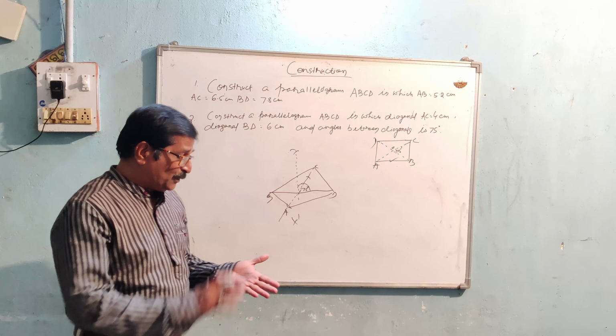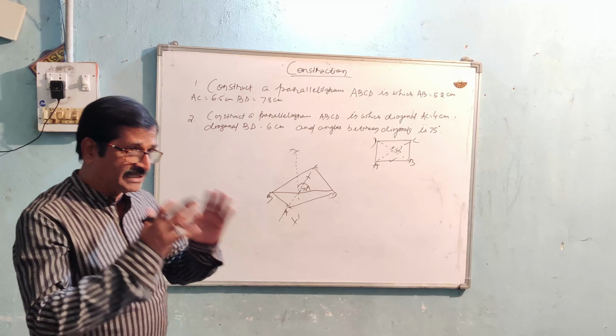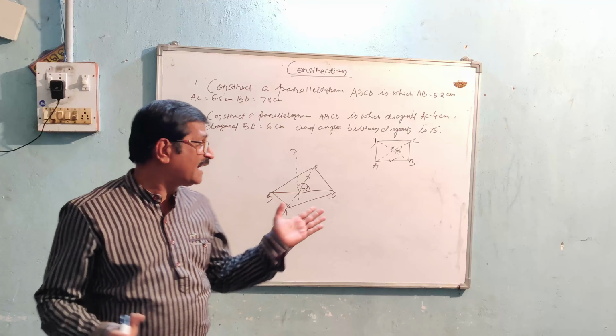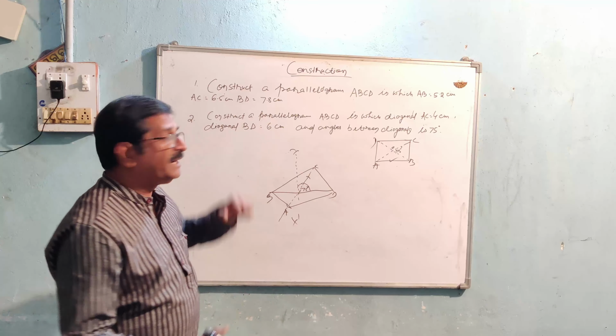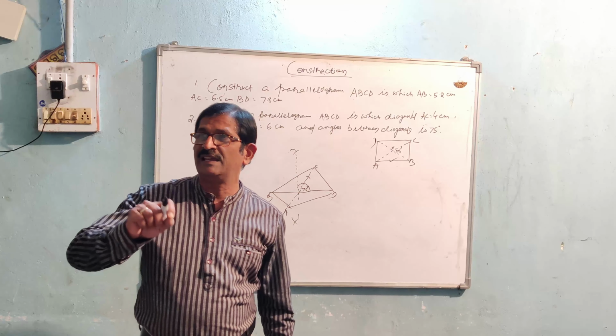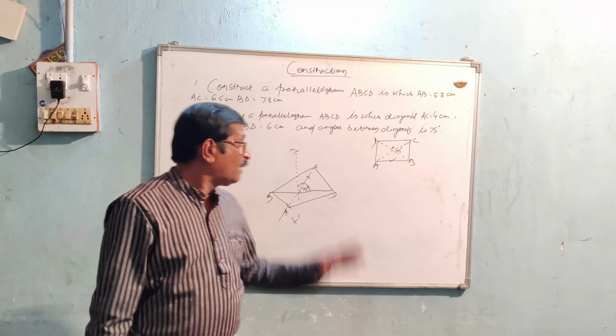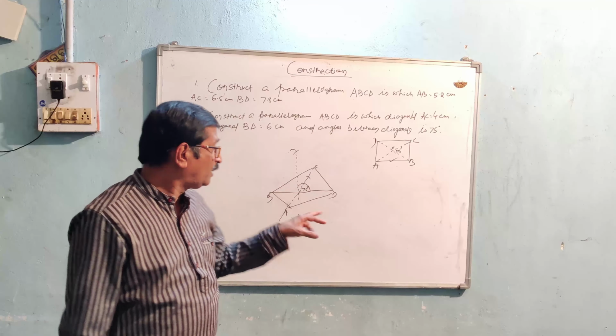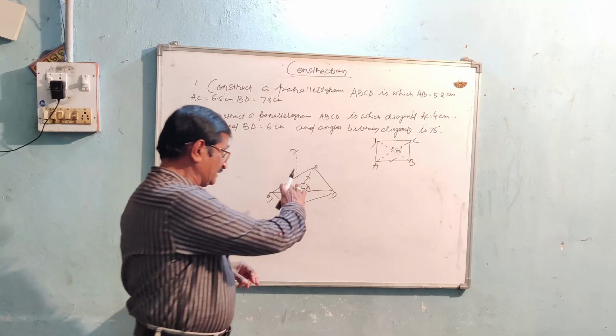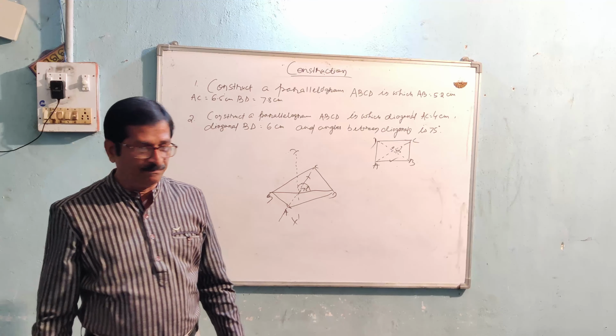But one thing, you should always follow the steps of the construction process. As I have told you here, you cannot directly take the midpoint, saying BD is 6 so I take 3 and put the point. No, you have to go for the perpendicular bisector of the line. You have to get this midpoint. Then at that point you have to draw the 75 degree.